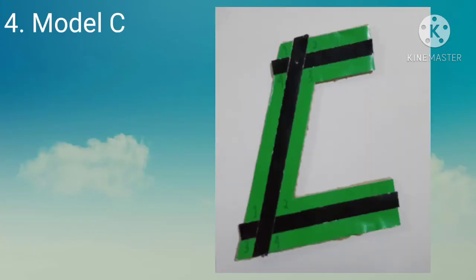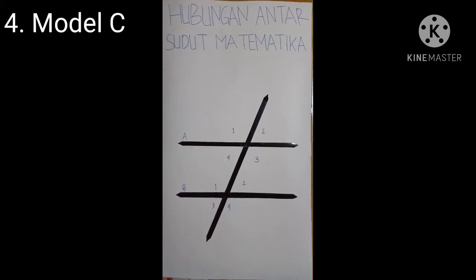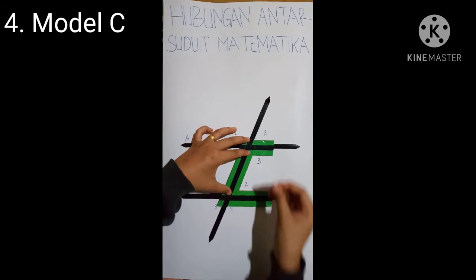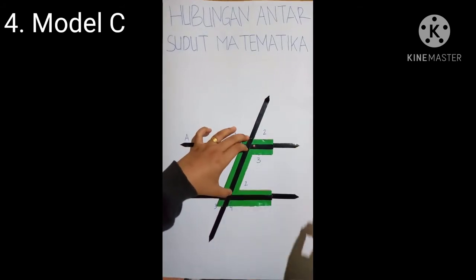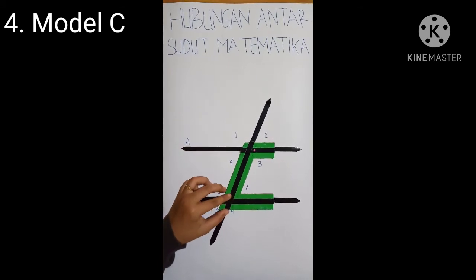Fourth, model C. Model C is used to determine the sum of unilateral angles, both one side inside and one side outside. First, take the C model and attach it to the Huban-Suka board using a pin. Place the model so that the line on the model and the Huban-Suka board overlap.